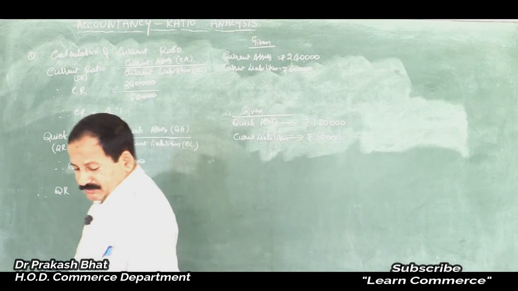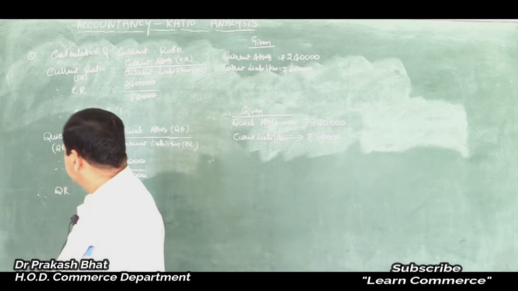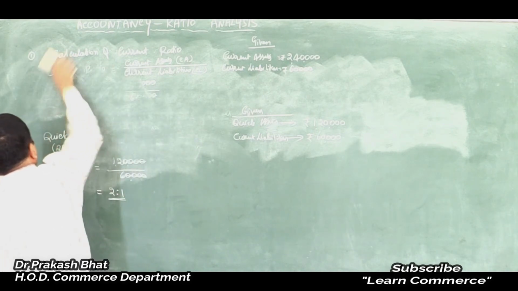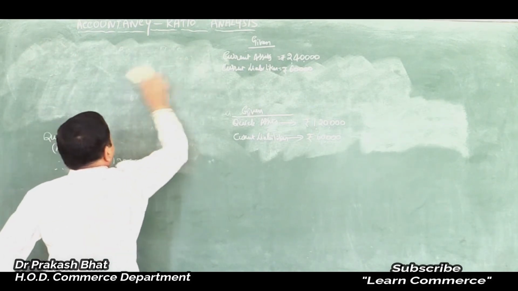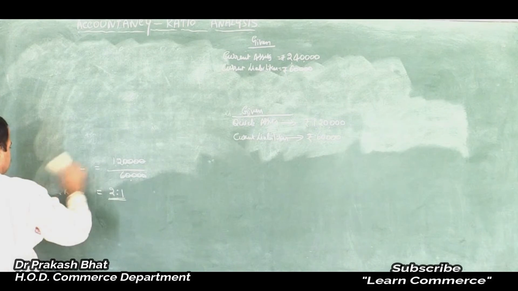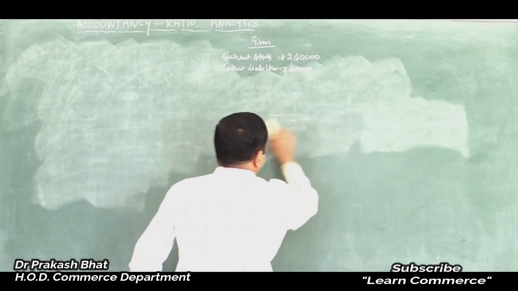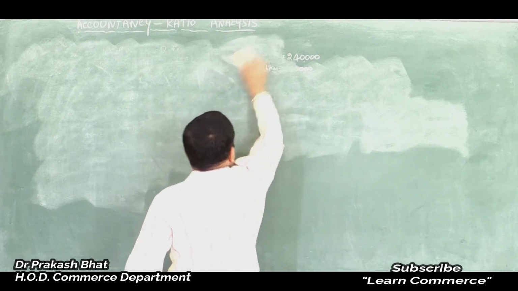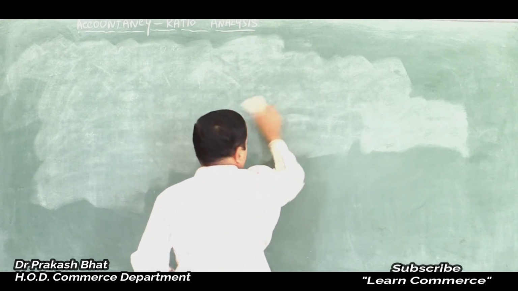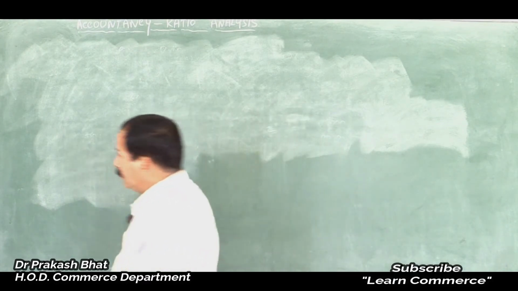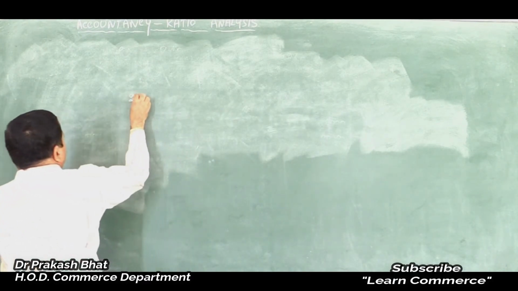Now let us move on to the second problem. What is the rule of thumb of current ratio? Rule of thumb is 2:1.